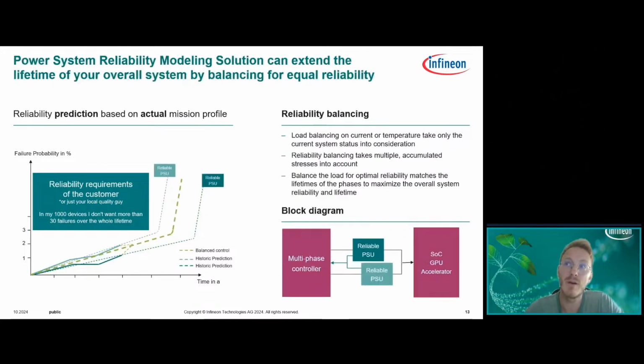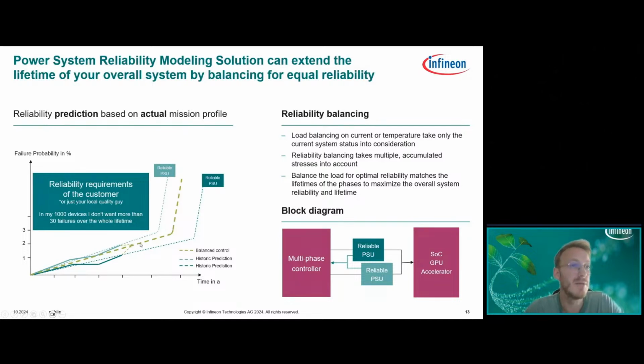But it's also very powerful for live control. Essentially, if you have a multi-phase system or a redundant system, and you have 2 power supplies operating in this one system, and you can track that one power supply is much more highly stressed, so the failure probability, the Y parameter, is much higher than the other one, you can adapt your load balancing schemes to optimize the reliability of the overall system, so that both of them are following this dotted green line.